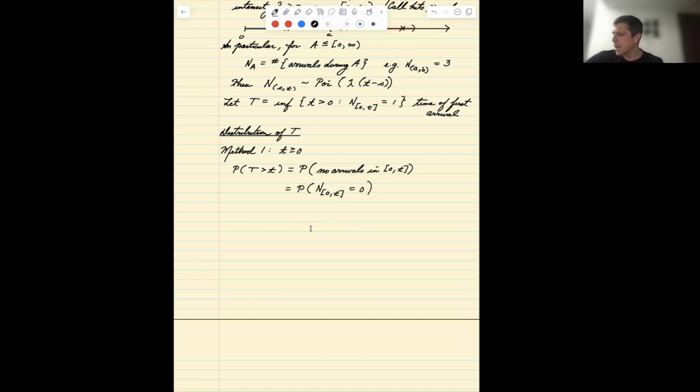We know by assumption that it's a Poisson process, so the number of arrivals between 0 and t is Poisson with intensity lambda t.